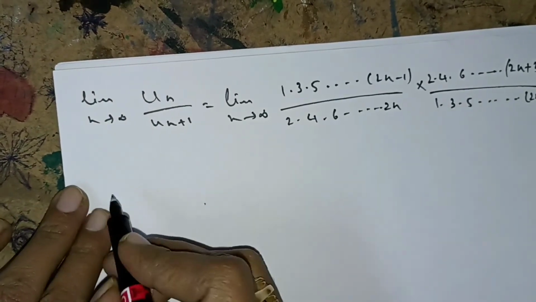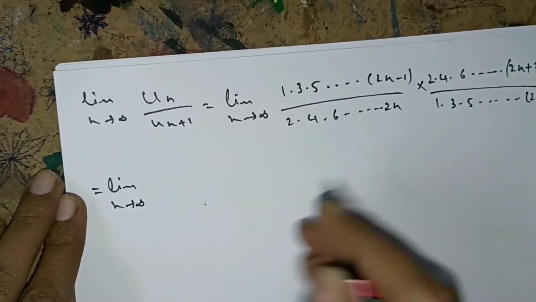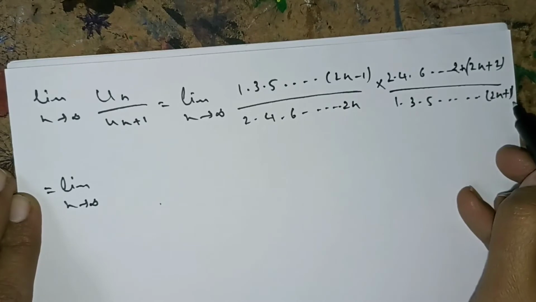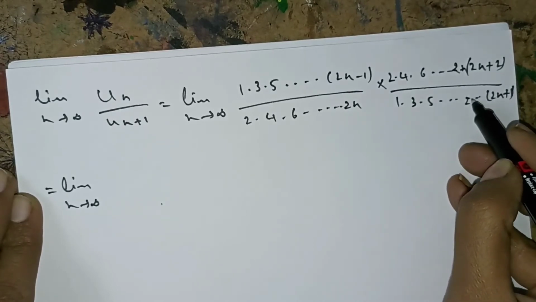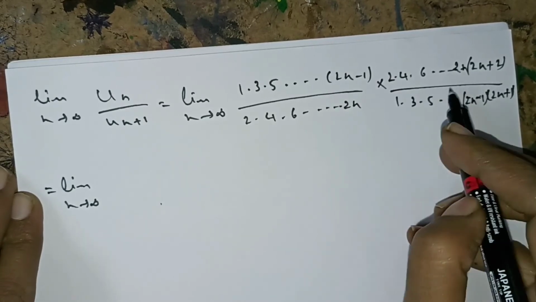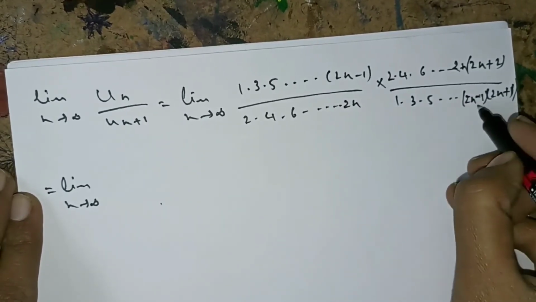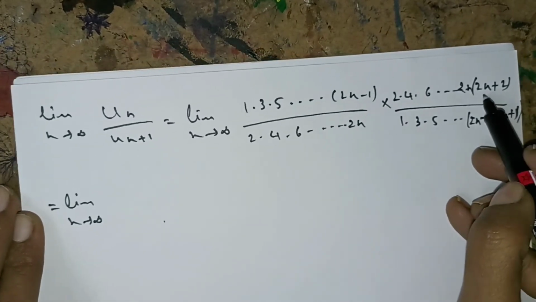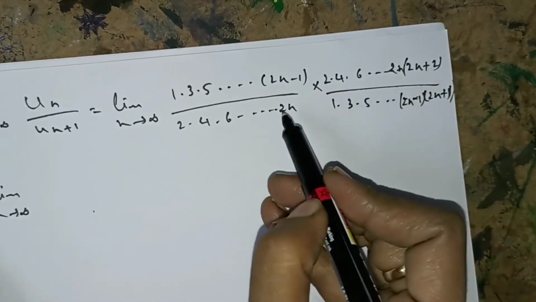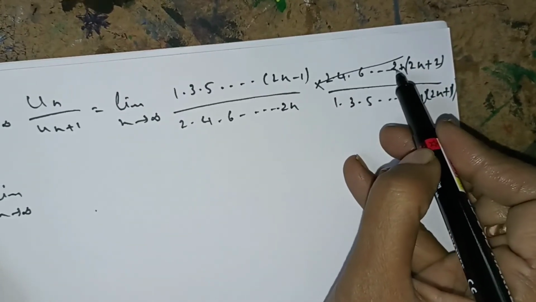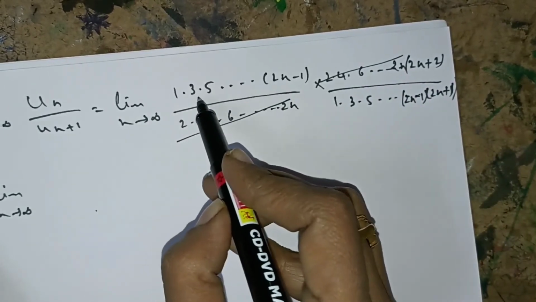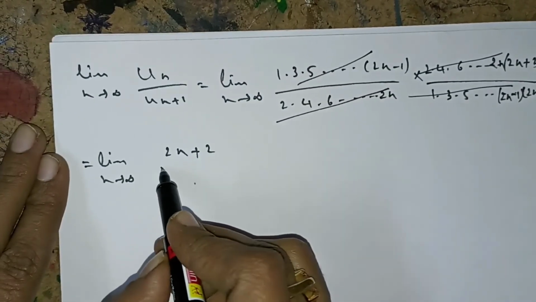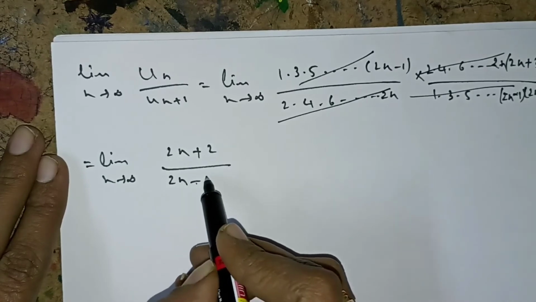That is equal to limit n tends to infinity. The previous term of 2n plus 2 is 2n, and the previous term of 2n plus 1 is 2n minus 1, because the difference between any two numbers is 2. Therefore 2, 4, 6 and so on up to 2n get cancelled, and 1, 3, 5 up to 2n minus 1 get cancelled. That leaves 2n plus 2 by 2n minus 1.